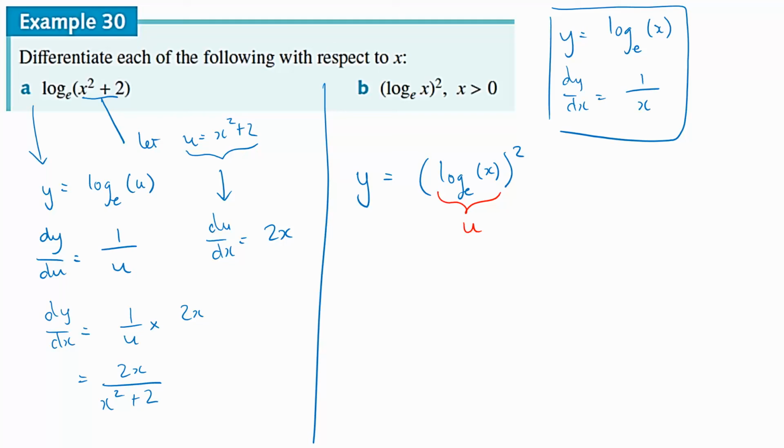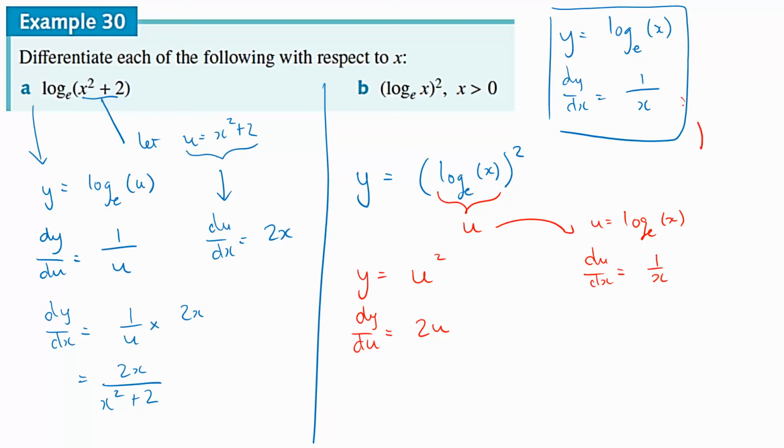That's the issue. Yeah? So now because I let that equal to u, I get a new equation. I get y is equal to u all squared. And that's nice because we know the derivative dy du has to equal 2u. But because you let u equal to log e of x, now you have to find the derivative du dx. What's the derivative of log e of x? 1 on x, which is what we already know.